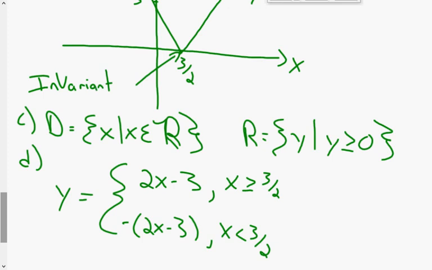The invariant point. Sometimes it'll ask, what is the invariant point of this function? Basically, it's just asking for the x-intercept, or where the graph flips, or where the piecewise applies. So like this part here, this part of the piecewise applies, and then our second part here. You don't have to write that part down. So those are the two rules for our piecewise function.